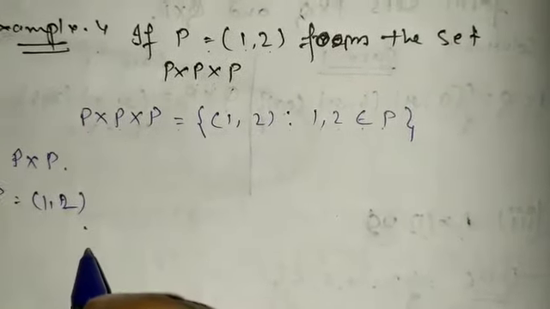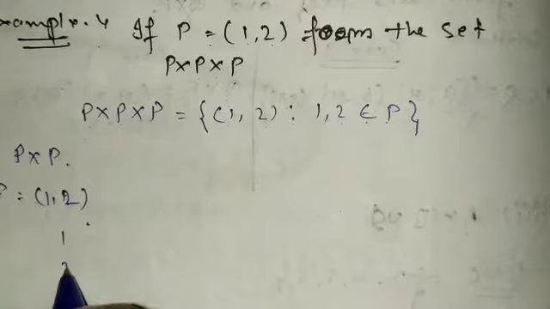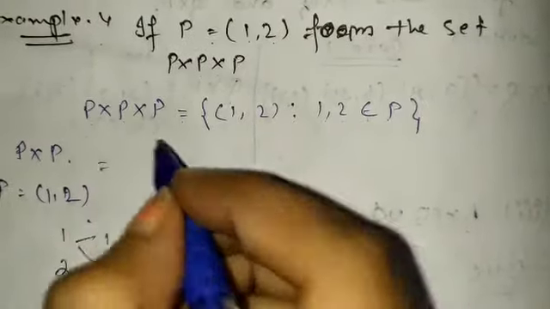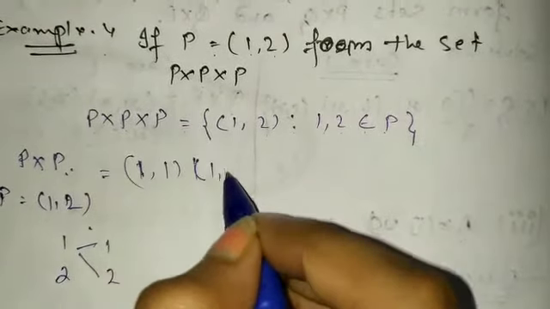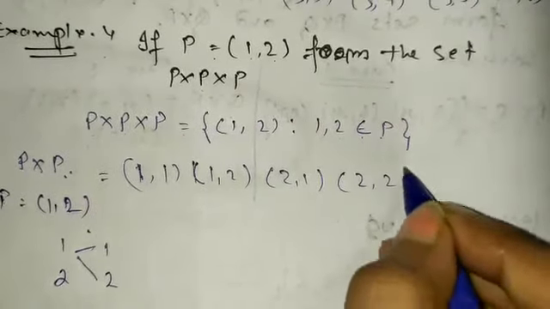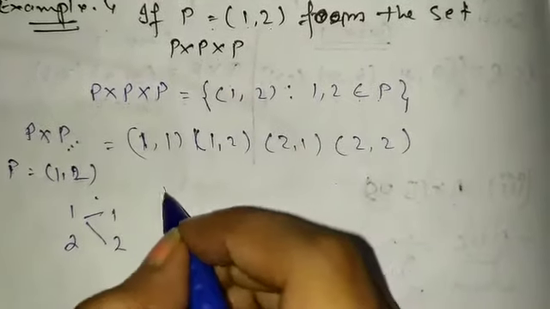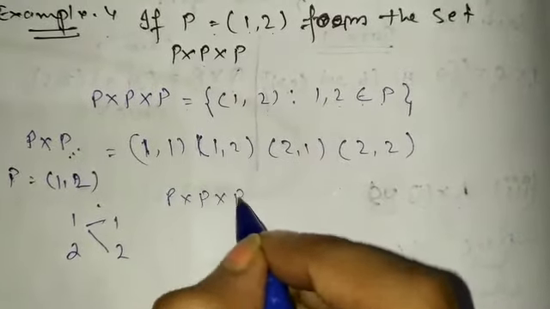Therefore, P into P will be {1, 2} and {1, 2}, where we have the following elements (1, 1), (1, 2), (2, 1), (2, 2). Now, after getting P into P, let's find P into P into P.